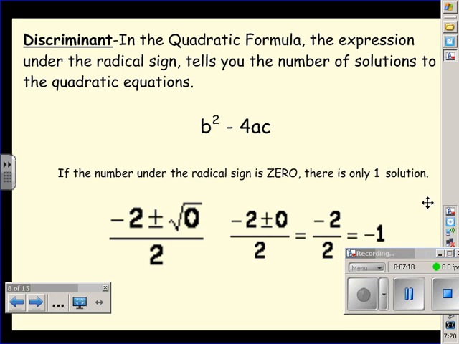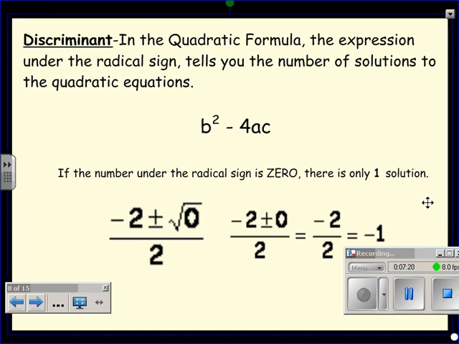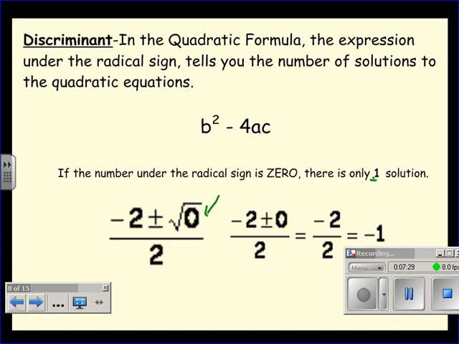Sometimes when we calculate the discriminant, we'll come up with the number 0. And in that case, 0 would indicate that the equation will have only one solution. So when you calculate the discriminant, if you get 0, you know that you only have one solution. And this is why, because the square root of 0 is 0.